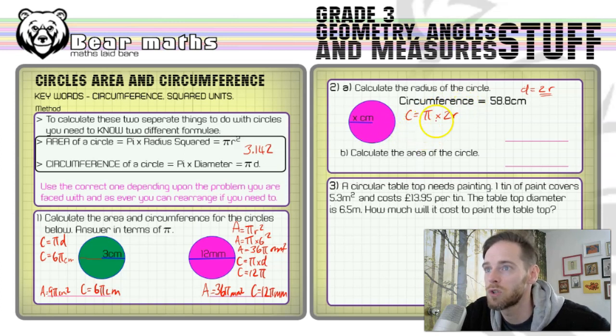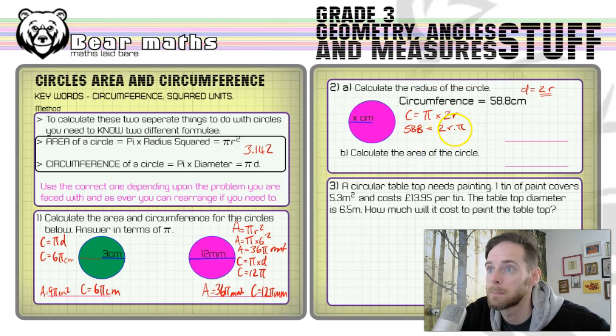But now we can substitute some numbers in. So we've got 58.8 is equal to 2r pi. 2 times r times pi, right?